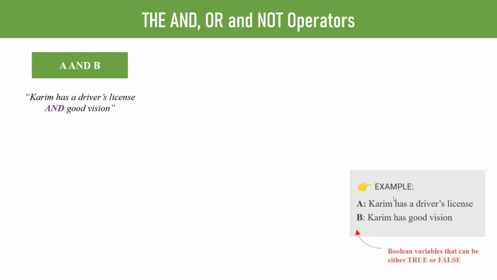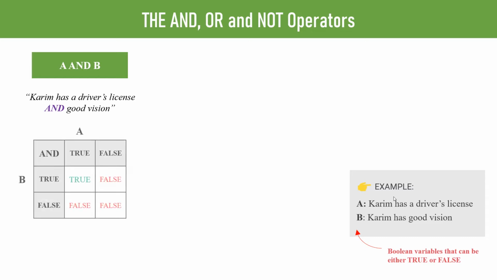Well, for that, we use a so-called truth table, which looks something like this. Here we have two possible values for each of the variables A and B, which give us four possible combinations of result.